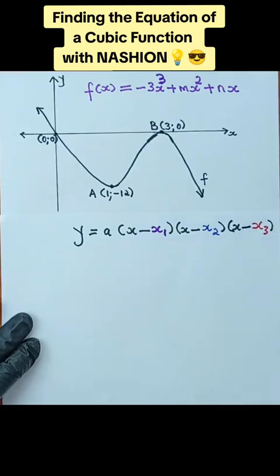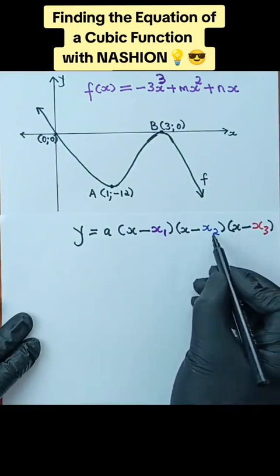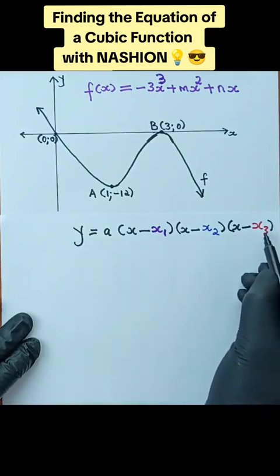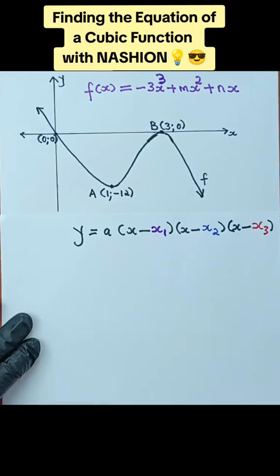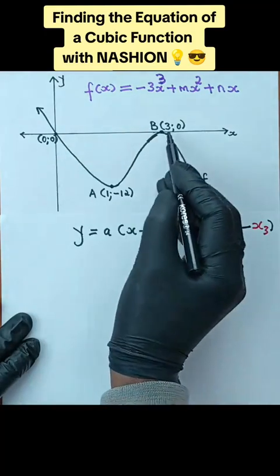Yeah, so we have x1, x2, and x3. These are the values we are going to read from the graph from that point and that point.